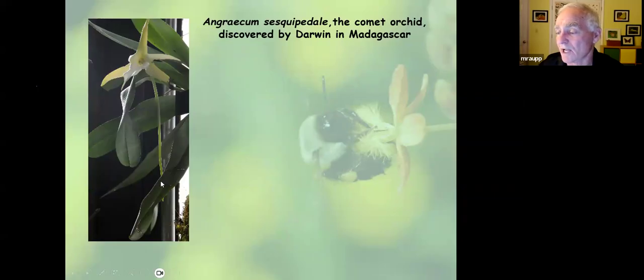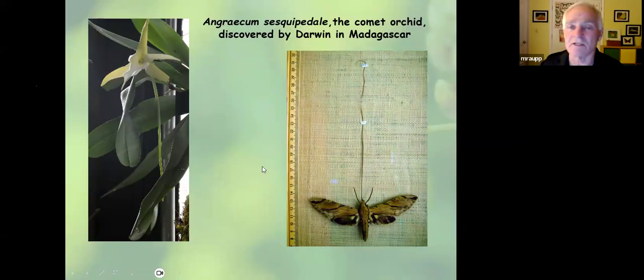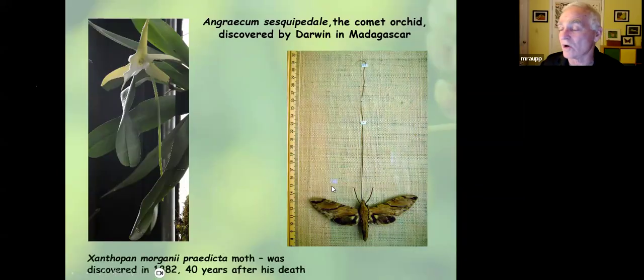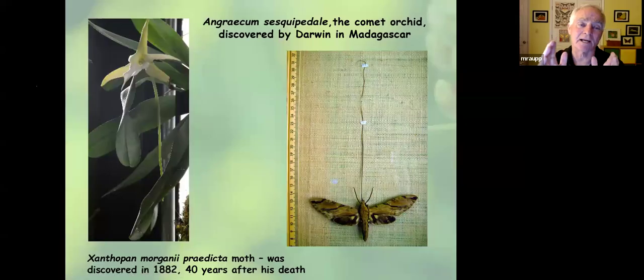The comet orchid has a 13-inch corolla. Darwin said, man, there must be some animal around with a really long tongue that's the pollinator. Unfortunately, Darwin did not live to see the discovery of a hawk moth with a 13-inch tongue, which is the pollinator for the comet orchid. Kind of proof of concept of this co-evolutionary process I'm talking about.